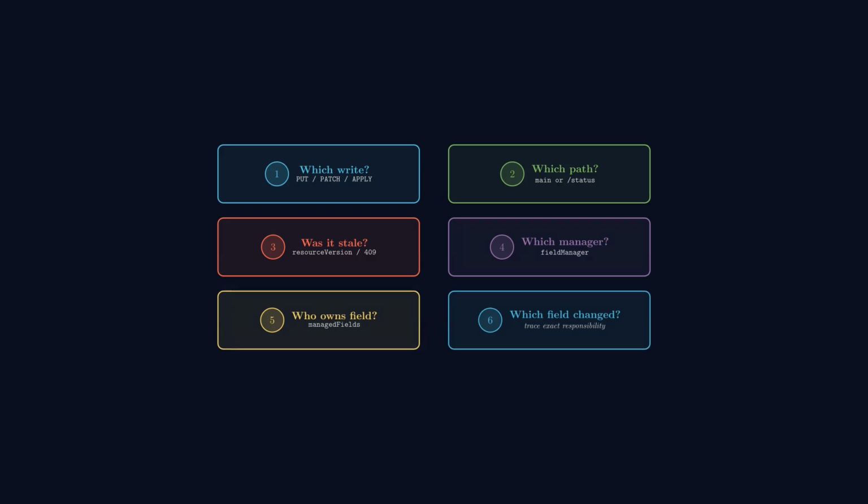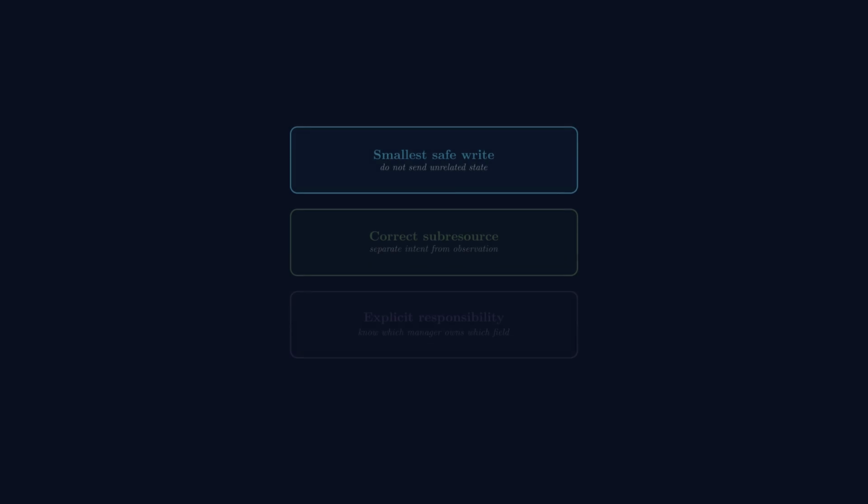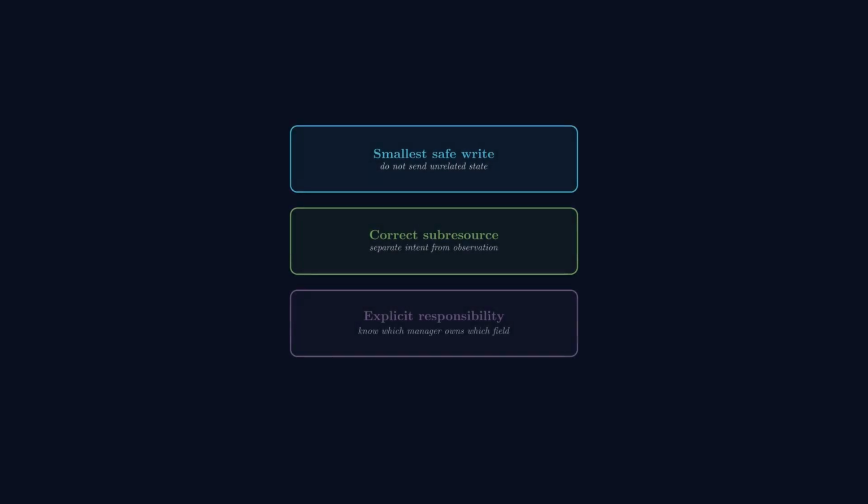That tells us whether the problem was stale state, a broad write, the wrong API path, or a real ownership conflict. The engineering rule is now simple. Use the smallest safe write, use the correct subresource, and make field responsibility explicit when several declarative writers share an object. In other words, each actor should write only the fields it is responsible for through the narrowest safe API path.